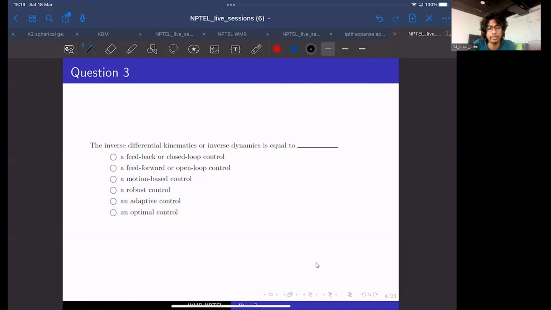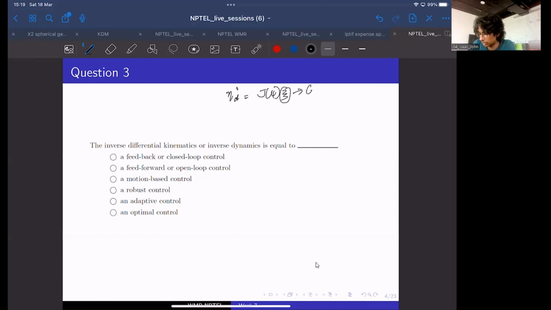So again, I'll write the basic control law of this inverse differential kinematics as well as inverse dynamics control. Inverse differential kinematics would mean eta desired dot would be J of psi theta, and zeta is the control input basically.